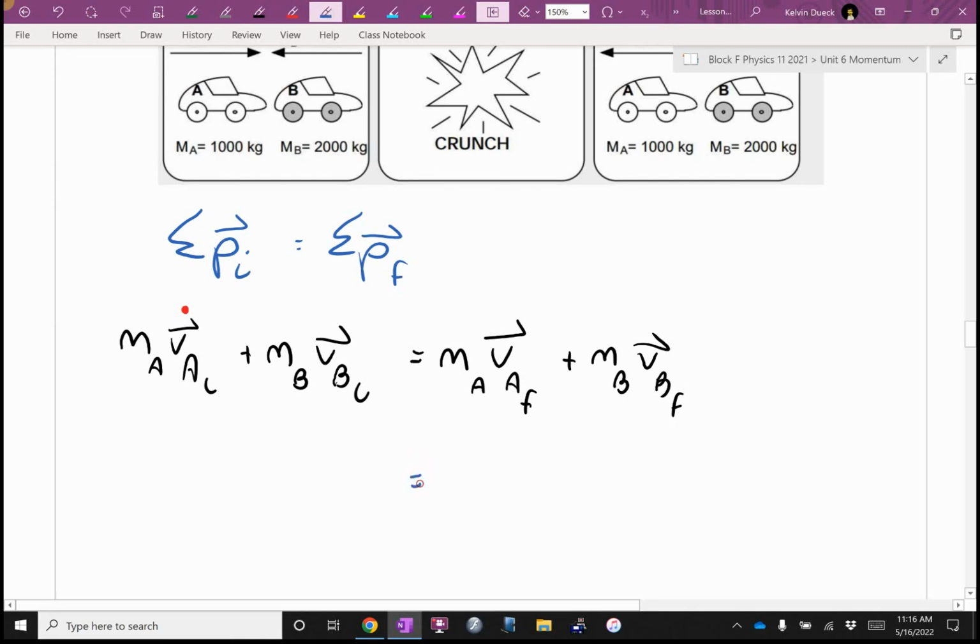The whole right side, right? M, A, V, A, final, and M, B, V, B, final. Now what? Minus this whole term, MB, yes, good.